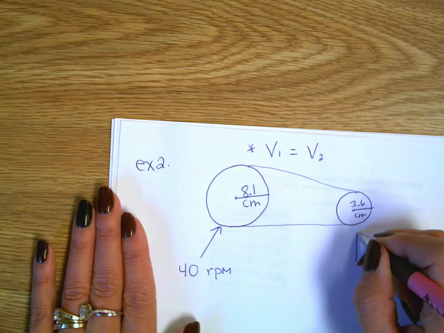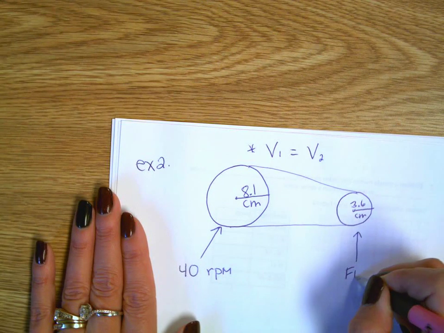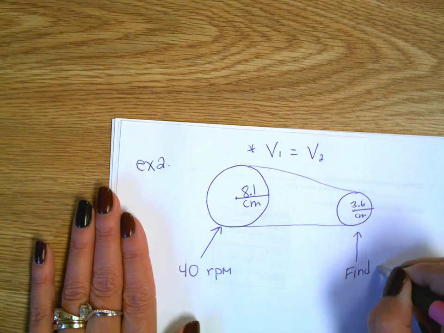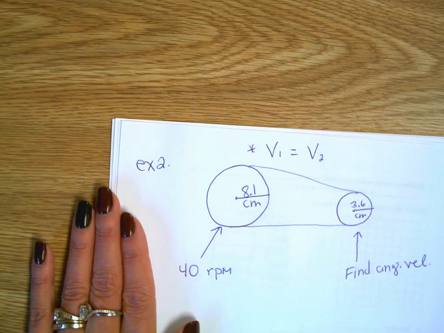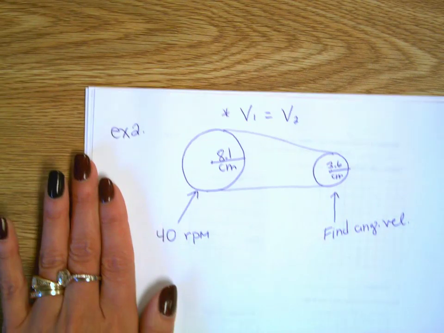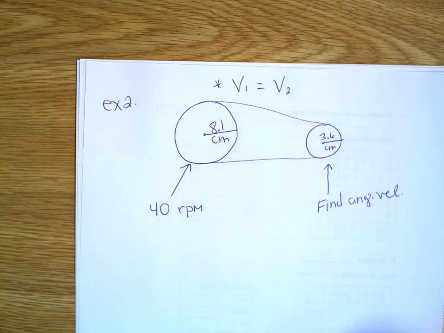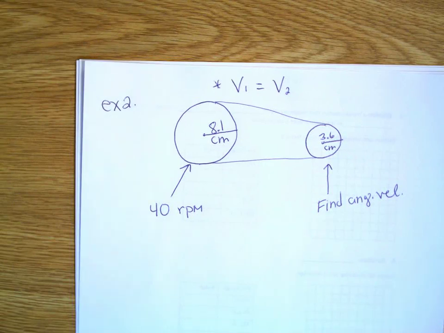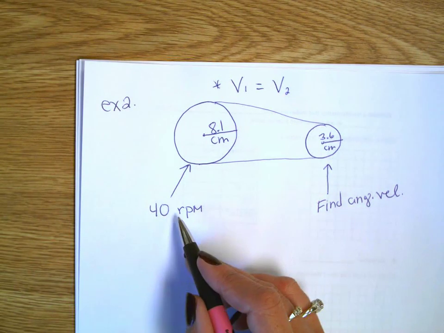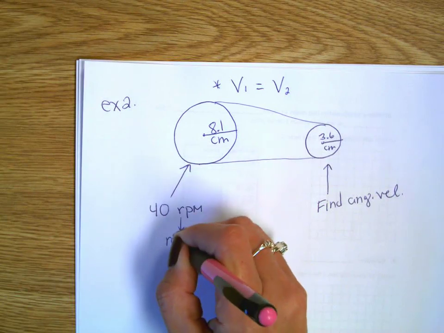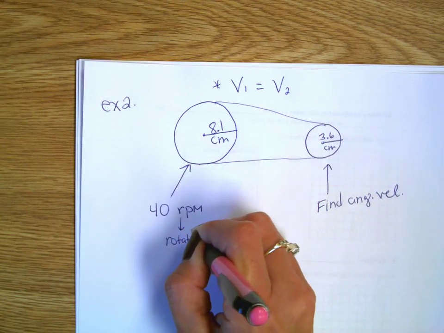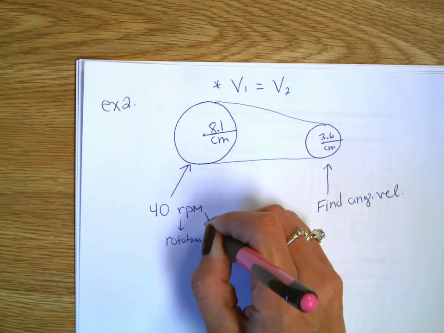My question is, can you find angular velocity over here? Okay, what does RPM mean? Revolutions per minute, rotations per minute. So it's giving us two pieces of information here. Rotations per minute.